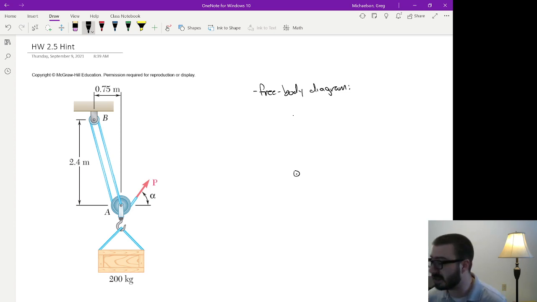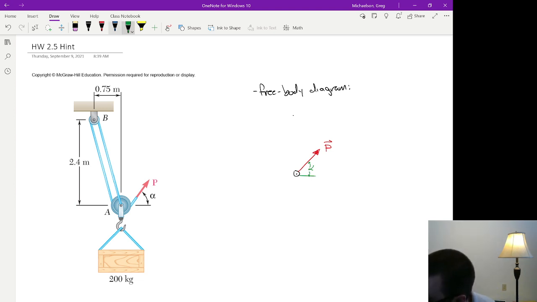So, the first thing to note is that there is a vector P going like that. There's your angle alpha, and based on the textual description in the problem, you can determine alpha. That shouldn't be an issue.